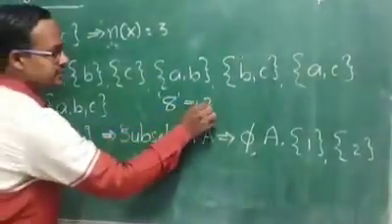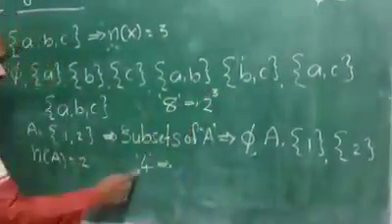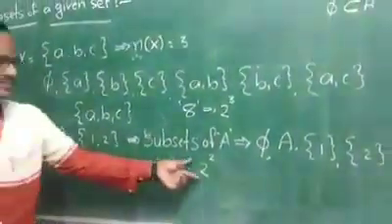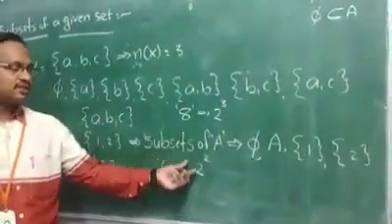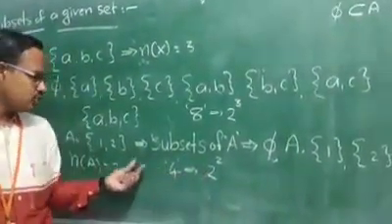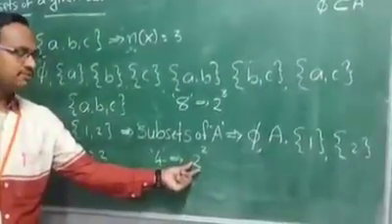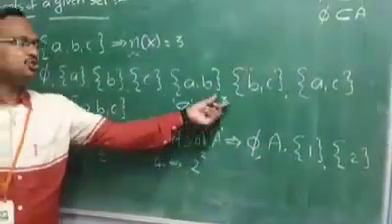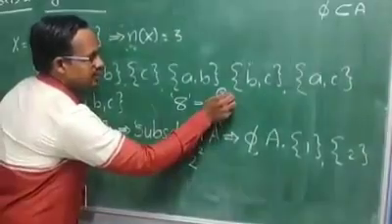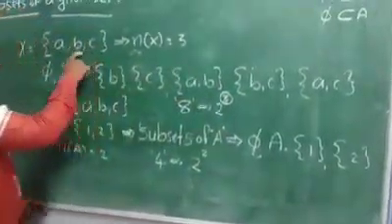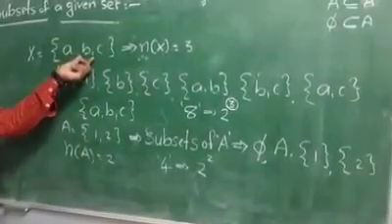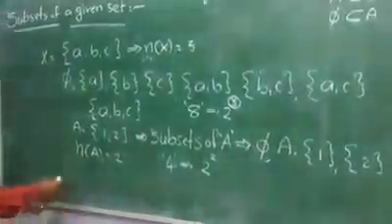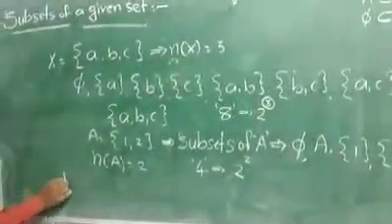Here 8 we can write as 2 cube and 4 we can write as 2 square, which means we can generalize the number of subsets of a given set. See here, 2 elements, so the number of subsets is 2 square, and with 3 elements we have 8, that means 2 cube. Here the exponent of 2 gives how many elements are in a set, and the base 2 is fixed.